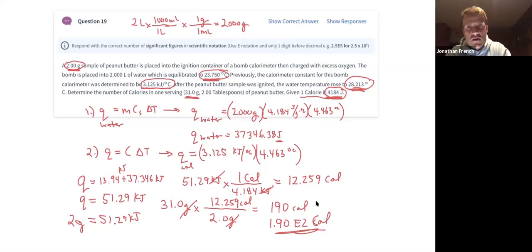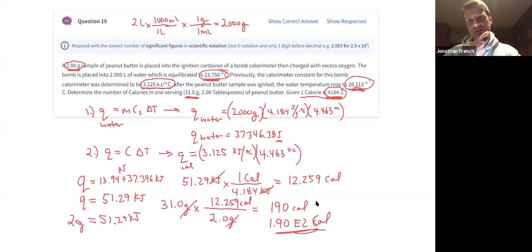And so how do I know to do a 2-step and not only calculate the Q for the calorimeter? The calorimeter is within the water. They give us the temperature change of the water. They give us the heat capacity of the calorimeter. So given that information, both of those things are going through that temperature change.